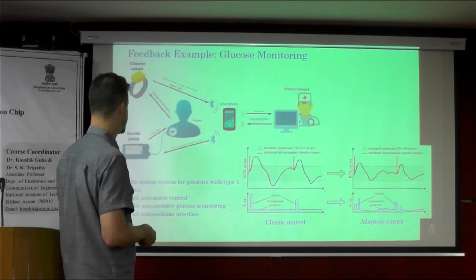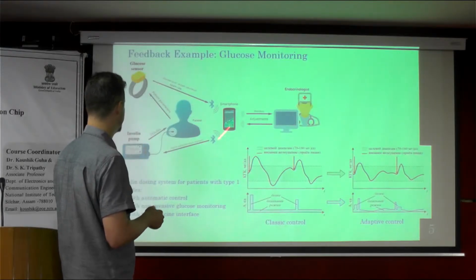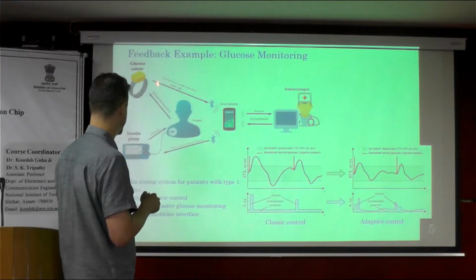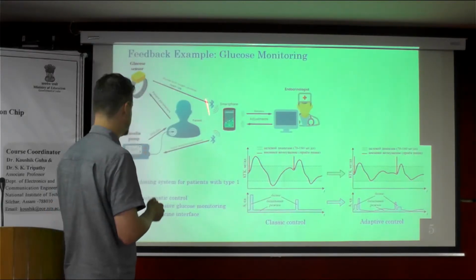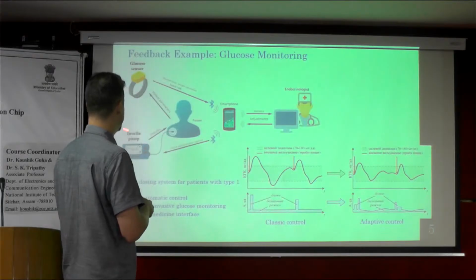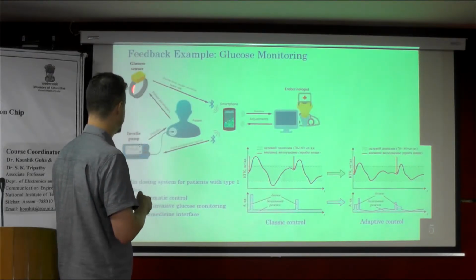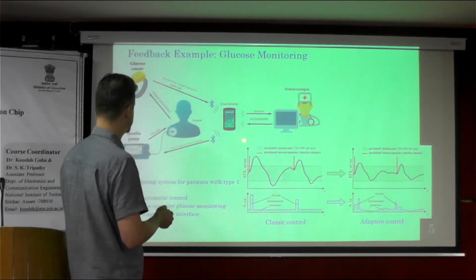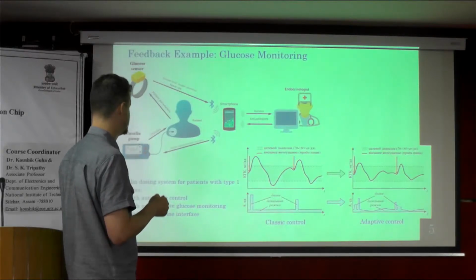they adjust the interaction with the patient. And this telemedicine example consists of a biotechnical system that includes, of course, the biological system. In our case, it's a patient with diabetes. He has the glucose sensor that continuously acquires the data about the glucose concentration. This information is sent to an external device, such as a smartphone.